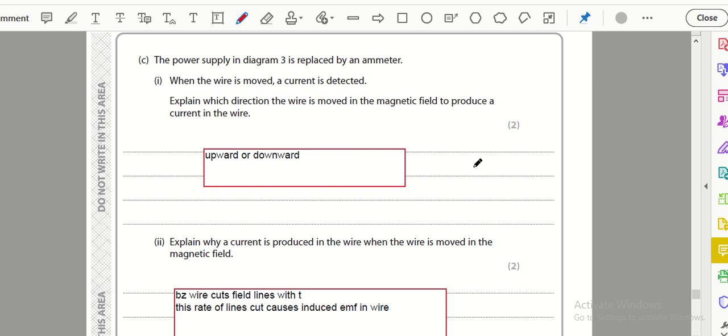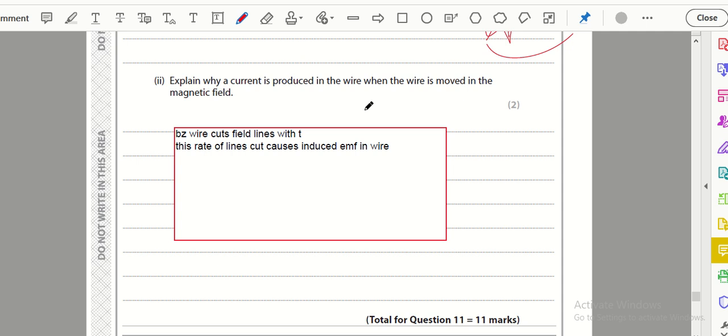Here is again the direction of the field, and here is the wire connected to the ammeter. As there is deflection in the ammeter, there must be current. This current could be into the page or out of the page, so the movement will be in the third perpendicular direction, so it will be upward or downward.